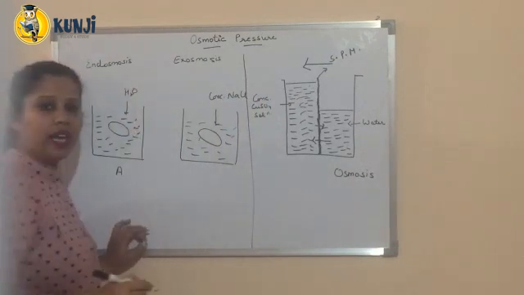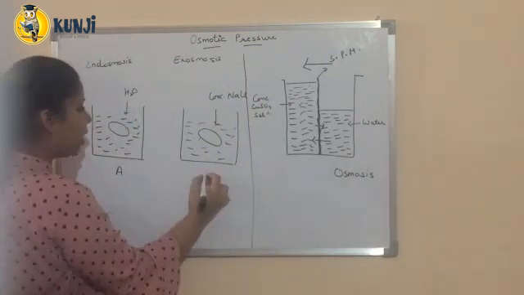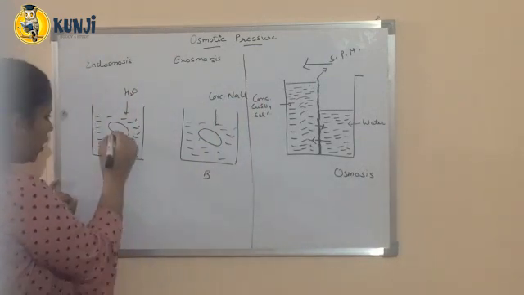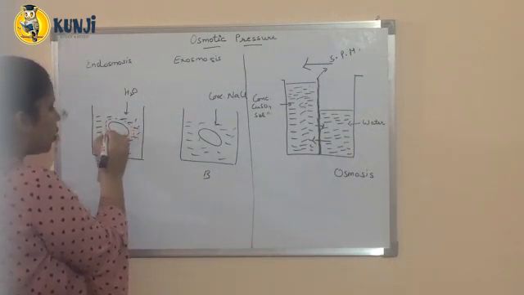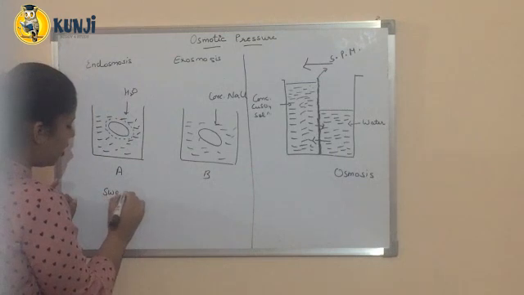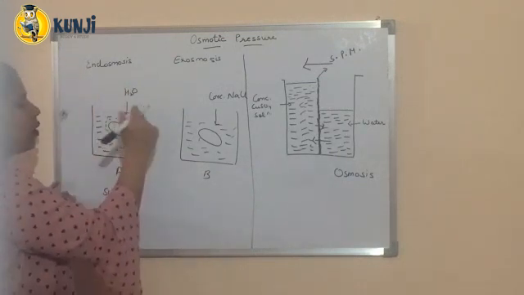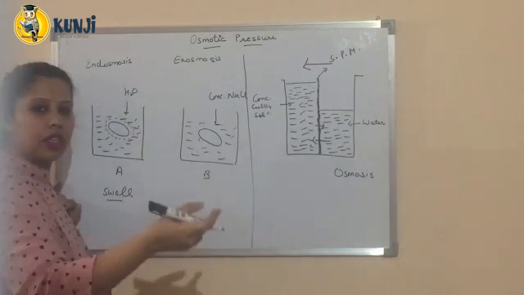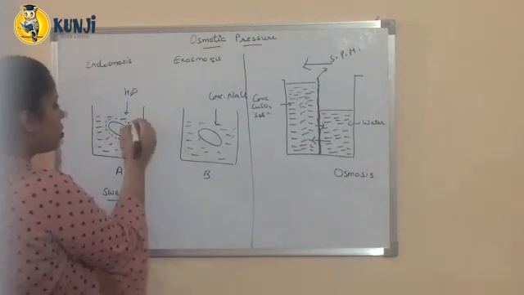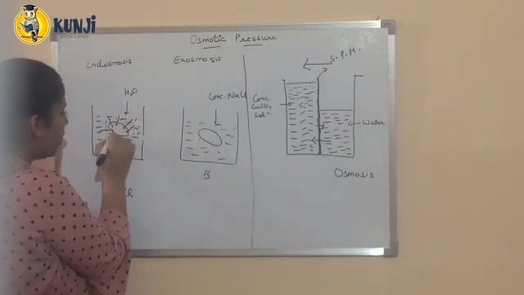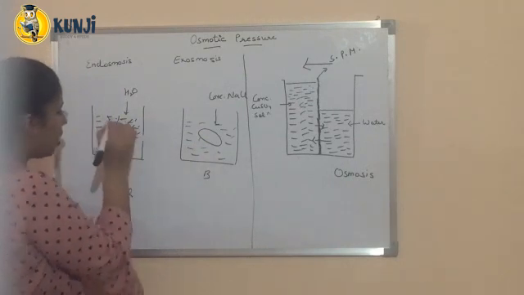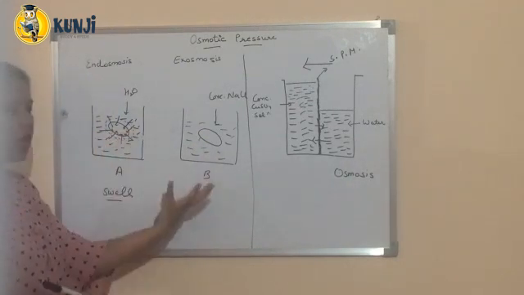Now after some time, what will happen? In beaker A, we see that the egg will swell, because there will be a movement from less concentrated to more concentrated. So here the net movement is from water to the inside of the egg, so the egg will swell.